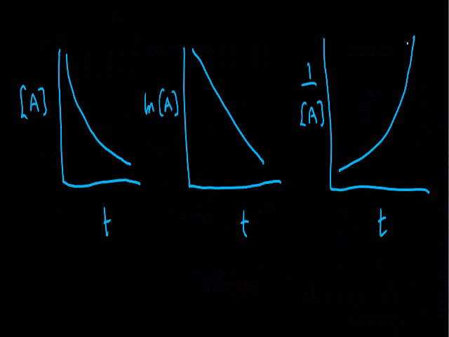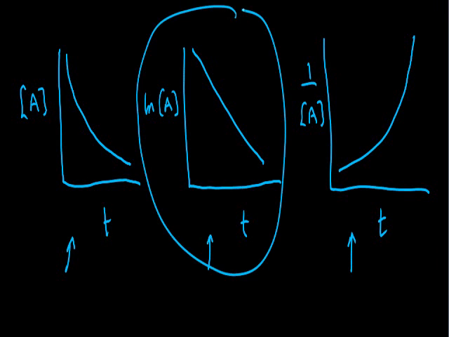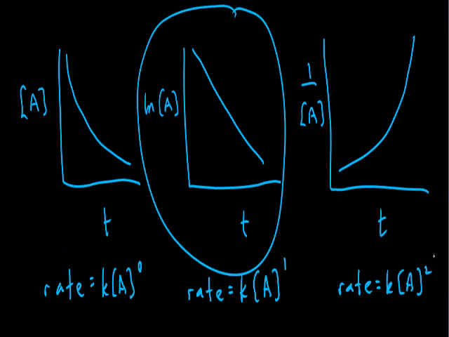For example, let's say that we plot some data and we make our plots: one of them is concentration of A versus T, one is natural log of A versus T, and the third is 1 over A versus T. We notice in our plots that the natural log of A versus T graph came out to be linear. What this tells us is that 0 order is not correct for this particular reaction, because that's a curved plot for concentration versus time.